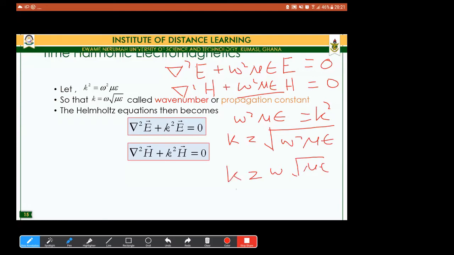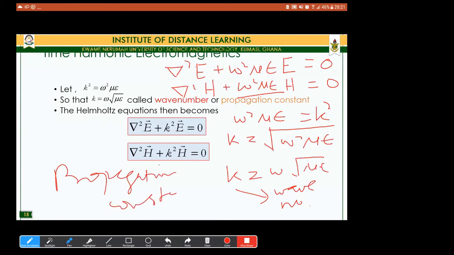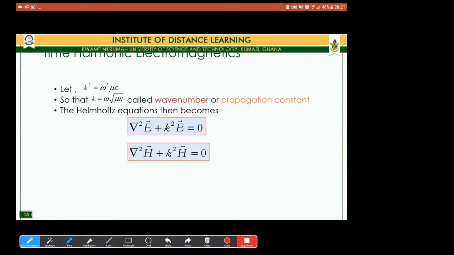This k is called the wave number or propagation constant. And again, these equations are called the wave equations. Another name for them is the Helmholtz equation. And these two equations underlie wave propagation, as we shall see very shortly.